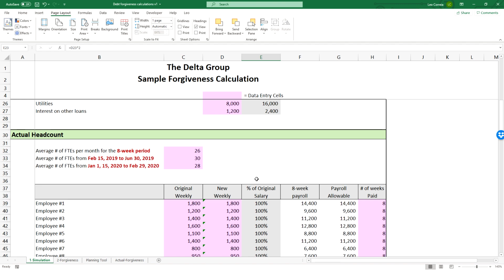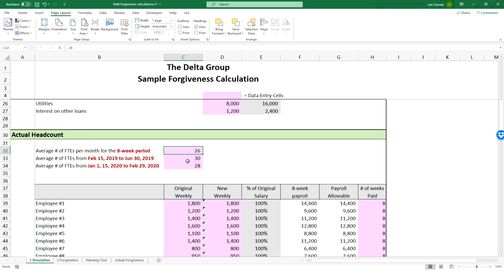The last section on the simulation tool is related to 2 things. One is headcount, and the other is salary for each individual employee. And there are 3 headcount or FTE calculations that you need to be aware of. One is your full-time equivalents for the 8-week measurement period.